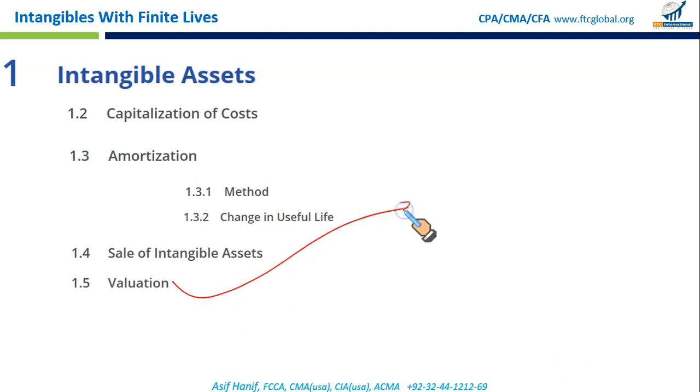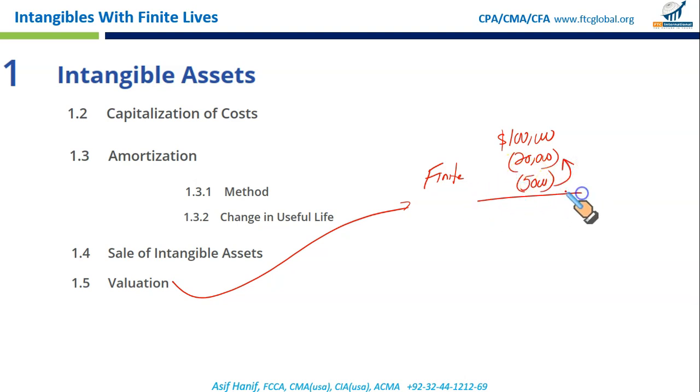Valuation. How do we report an intangible asset? If your intangible asset has limited life or finite life, in that case, let's say the original cost was $100,000, the amortization charge so far, just like accumulated depreciation, we have accumulated amortization 20, and an impairment loss, let's say $5,000, which is added eventually to the accumulated amortization.